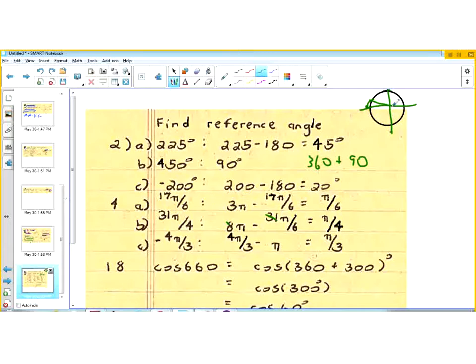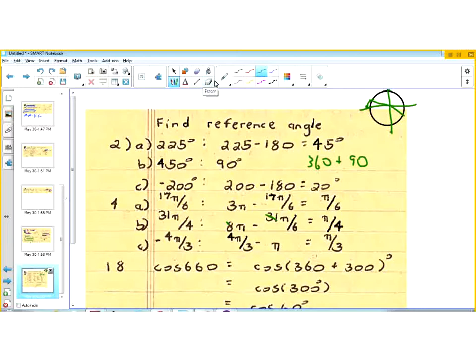So 31 pi over 4 is in the fourth quadrant, okay? And so, to get to the x-axis, you would go to 8 pi, which is in the fourth quadrant, and then add pi fourths to get to the x-axis. All right, so that's the technique here.